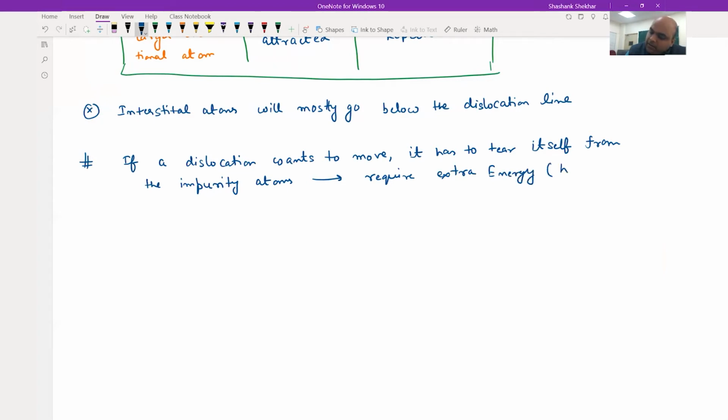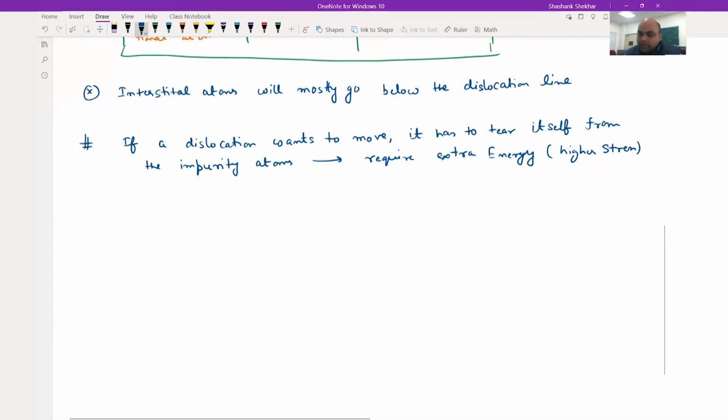That means higher stress. So you are actually giving some strengthening to the material because of the presence of these solute atoms at the core of the dislocation. And this is the genesis of something called yield point phenomena, which we are going to discuss now.